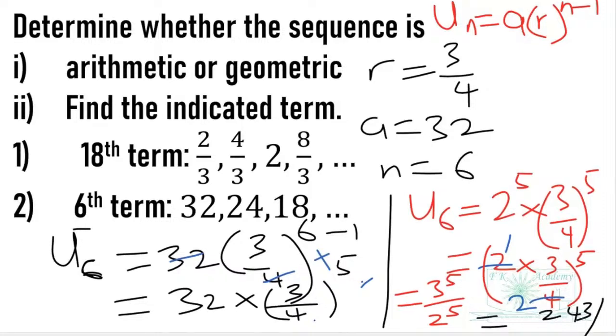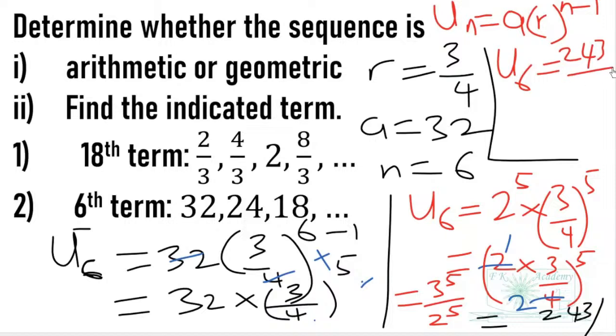So let me write it here. Therefore, the sixth term u sub 6 is equal to 243 over 32. That is the sixth term.